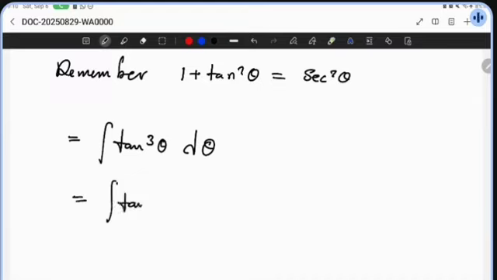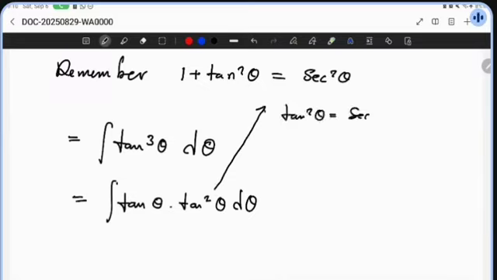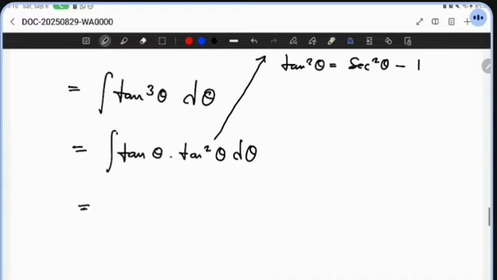Tan to the power 3, so that you present it as tan theta multiplying tan squared theta. Then you have to recall this identity. Make tan squared the subject so that you have sec squared theta minus 1. And then substitute that. So this would be tan theta multiplied by sec squared theta minus 1 d theta.